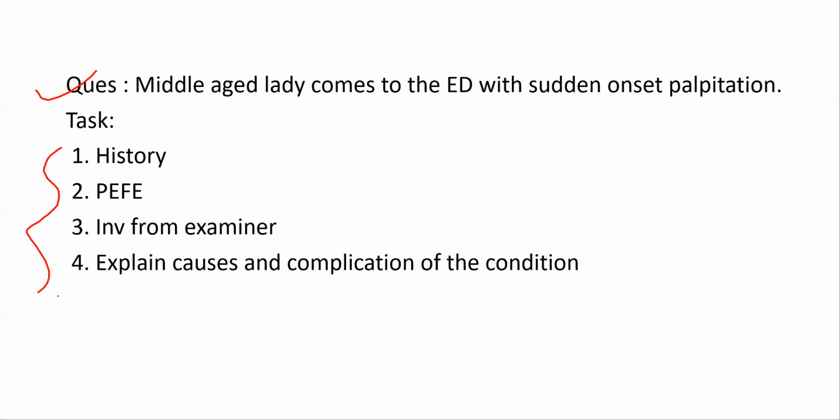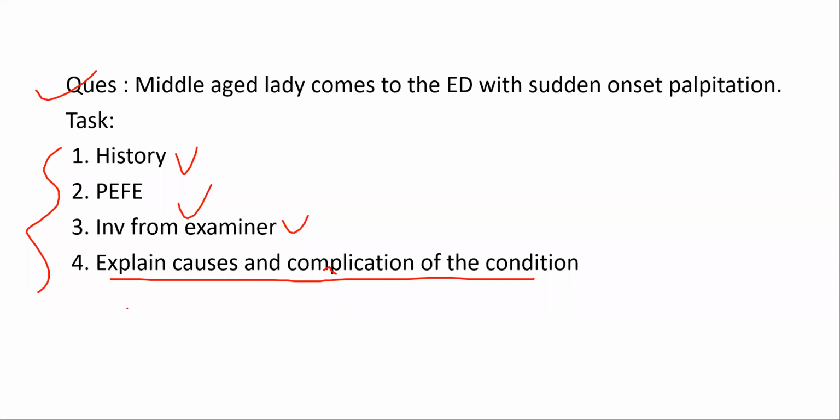So remember, the task can be anything, but when we discuss a case, we try to discuss everything, because it doesn't mean the task will always be like this. They can give any kind of task. But this is a tricky task that says explain the cause and complication of the condition. They haven't asked you to do any diagnosis. Will you not say diagnosis in here?